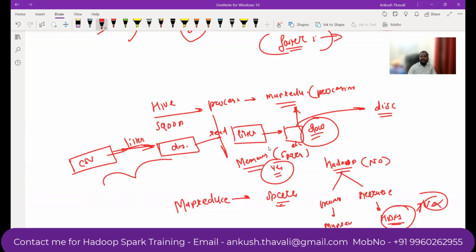Spark does not have its own storage. So whenever you are processing any file with the help of Spark and you want to store your output, the output will be stored in your HDFS only at the end. So Spark is a processing engine, and for storage, you are using HDFS.